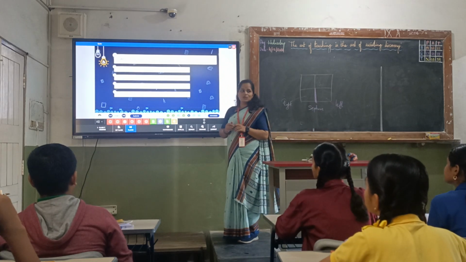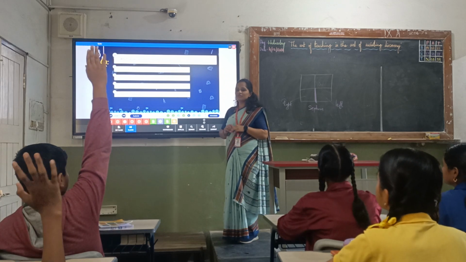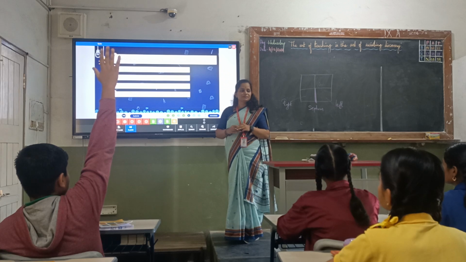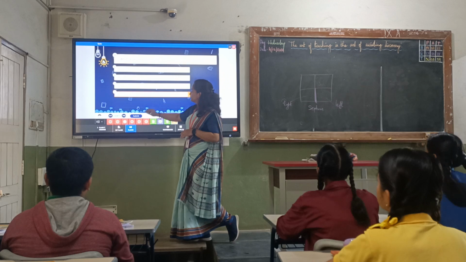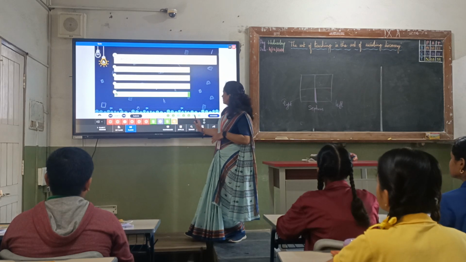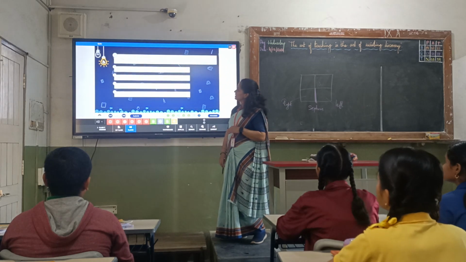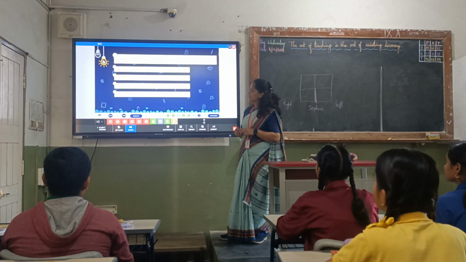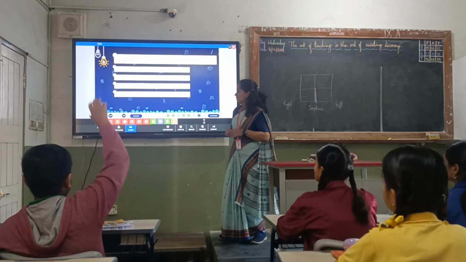Pulmonary artery, aorta, superior vena cava, or pulmonary vein? Option D, pulmonary vein. The color of the blood is due to the presence of hemoglobin, option A.